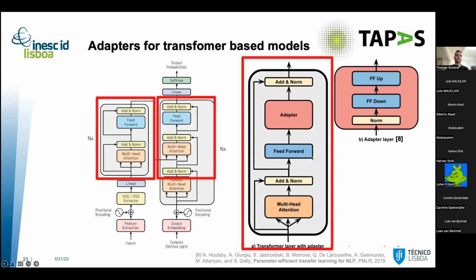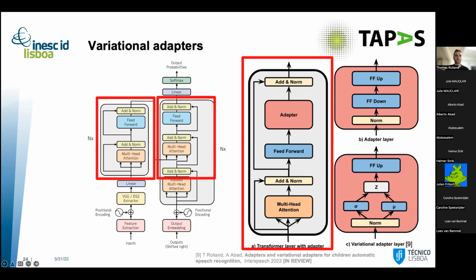It was good, but we were thinking, shouldn't there be a lot of variability? So what if, in addition to the fully connected down, we add some variability here. We got inspiration from variational autoencoders.